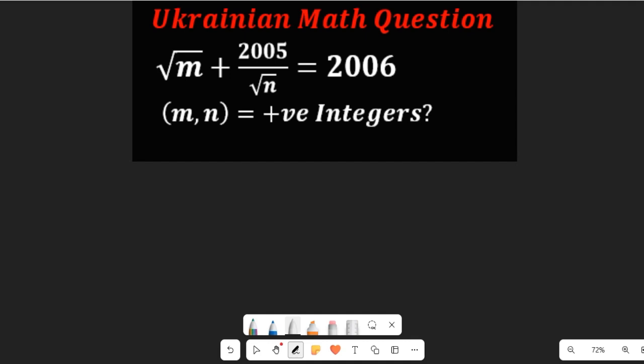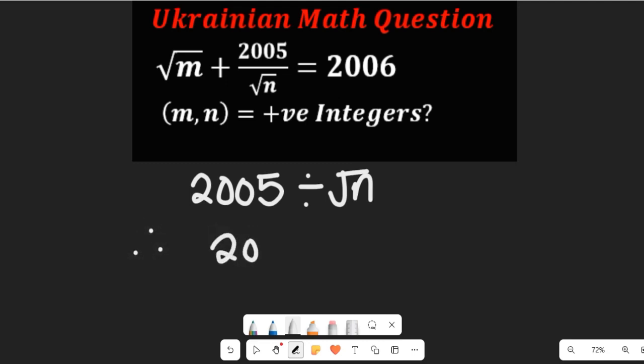So if 2005 can be divided by the square root of n, then we can conclude that 2005 can be equal to a constant multiplied by root n.